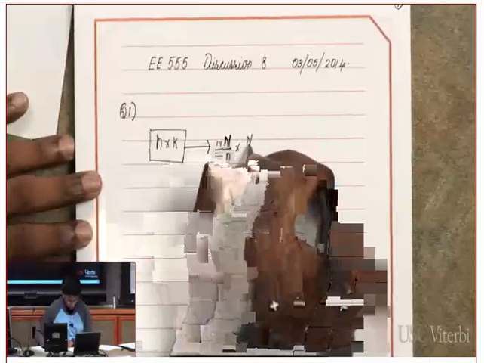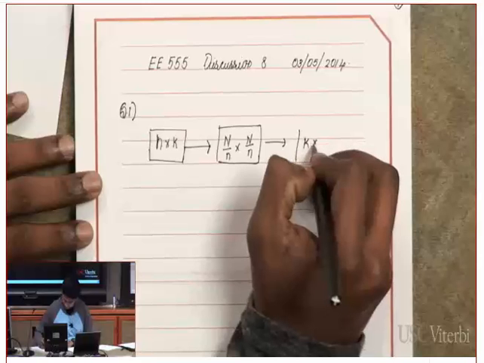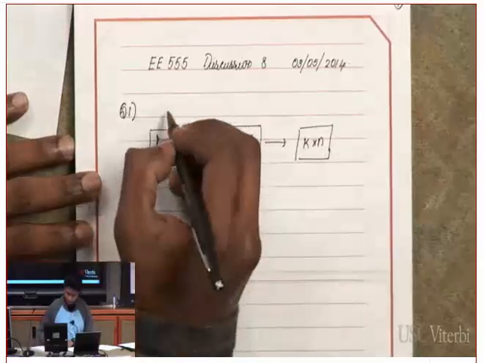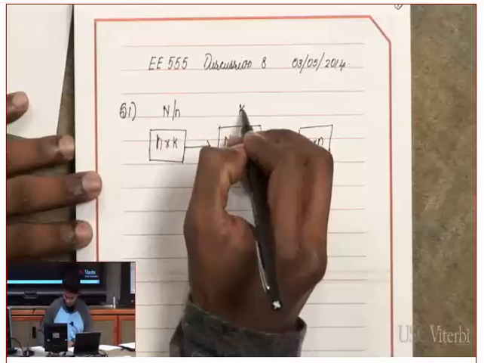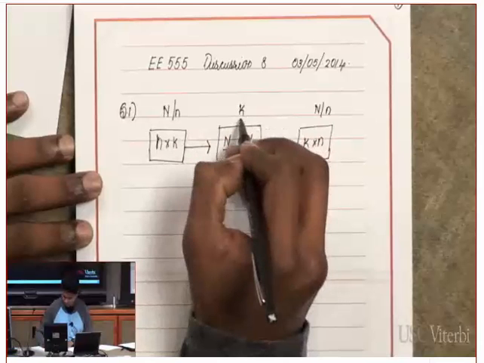And you have N/n of these, and then you have k of these, and then you have N/n of these. This is roughly how I remember a three-stage switch.